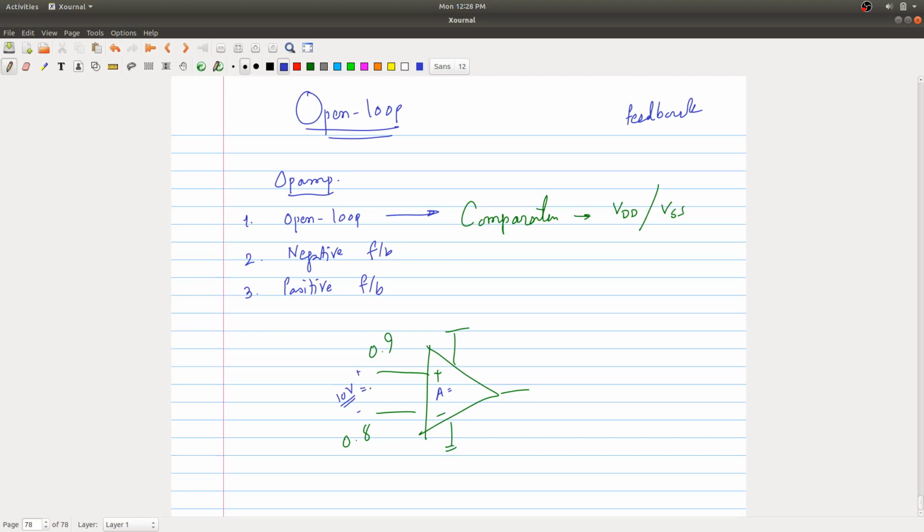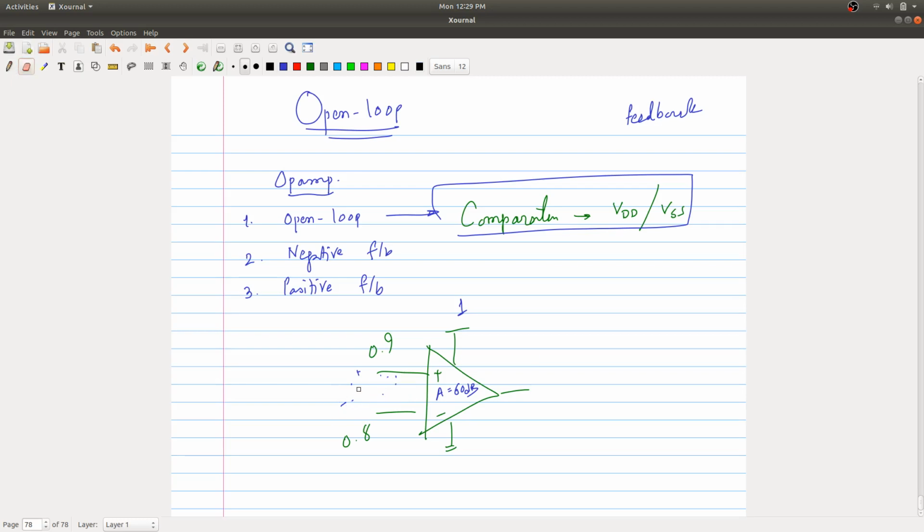Input offset voltage is nothing but V reference divided by gain, right? So if gain is, let's say, 60 dB, there is no problem. It can take care down to 1 millivolt, because 60 dB is 1000 volt per volt. And if this is 1 volt, then Vref by 1 millivolt will give you this. So a comparator is open loop. There is no connection between the output and input side.